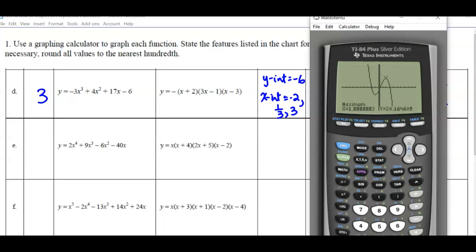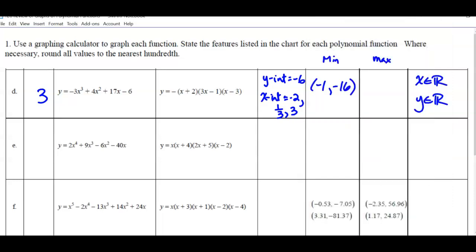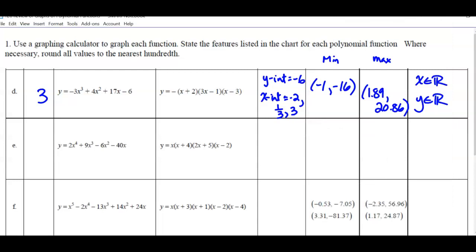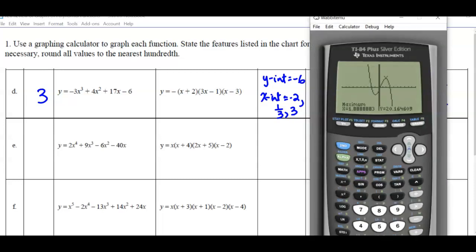We'll just go to the nearest hundredth on that, and 20.16. Right, question? Oh, 1.6, yeah, sorry.